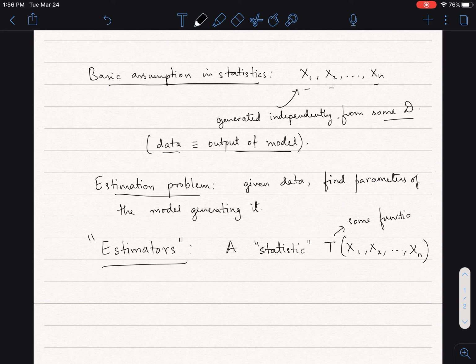So a statistic T is supposed to estimate some model parameter. Okay, so a model parameter theta.